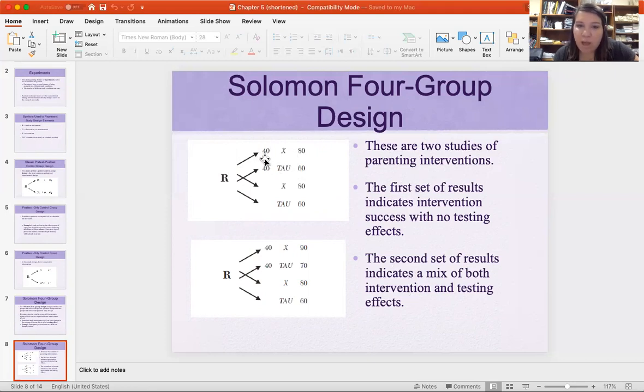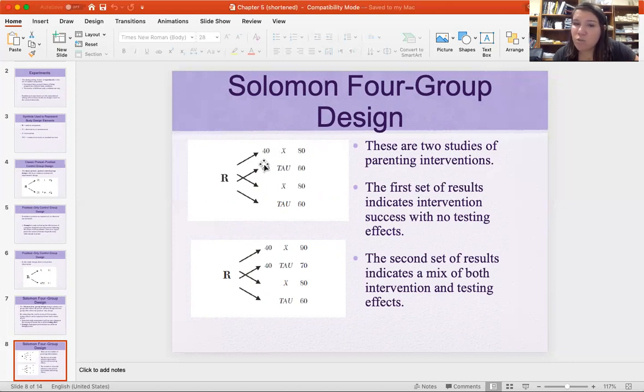So this one, you have a pre-test here, and you gave the intervention group, again, everything is randomly assigned for experimental designs. There's random assignment to the experimental group or the treatment group. So they got a 40 on this parenting assessment, let's say, and then they got the treatment, and then after the treatment, their scores on the parenting assessment increased to 80.